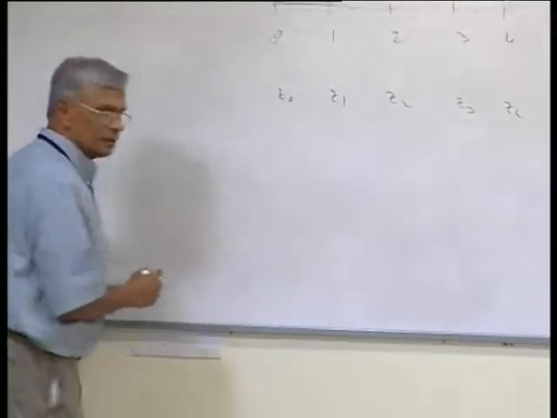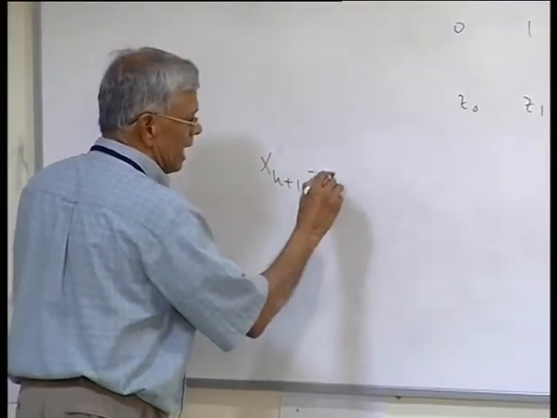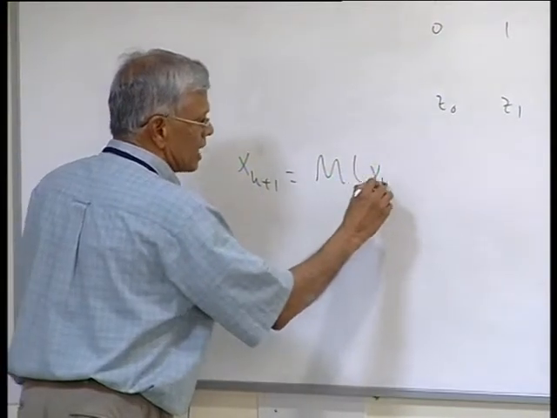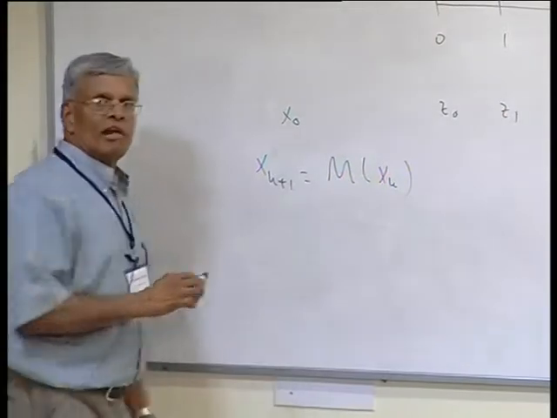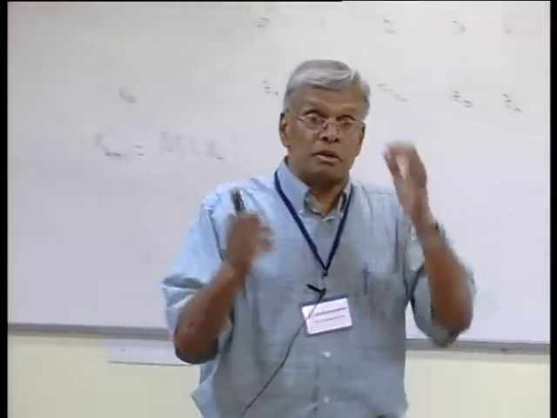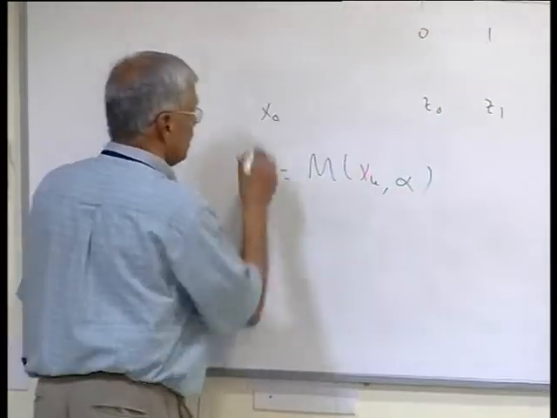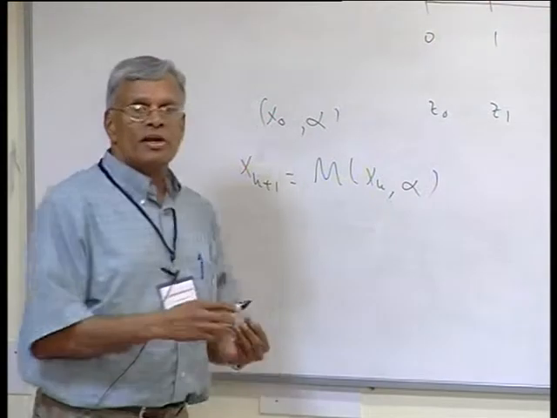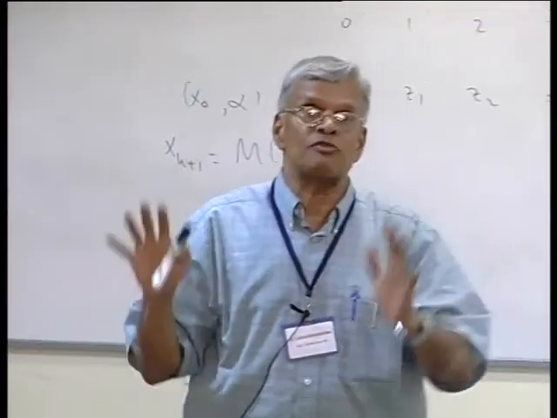Okay, let's go back. I have a model, right? This is xk. In this particular problem, x0 is the initial condition. In some problems, I may have an alpha. The alpha could represent some of the boundary conditions. If you know the boundary condition, it is fixed.